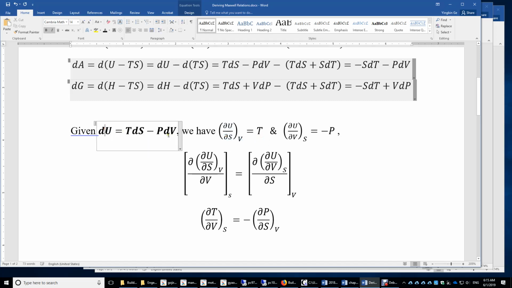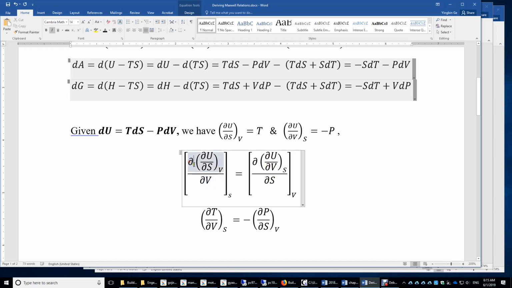And also dU over dV equals negative P if dS is 0. dU over dV at constant entropy is negative P. So we got these two first derivatives of the internal energy, and we learned in calculus that if U is a state function, well it is, then the order of taking the first derivative does not matter. We can do delta U over delta S first, followed by V, or we can do delta U over delta V first, followed by S.